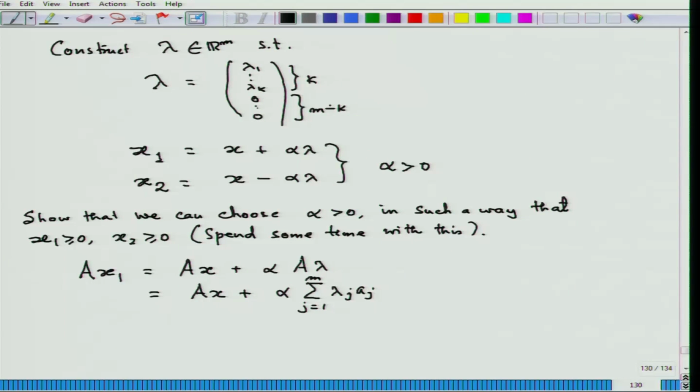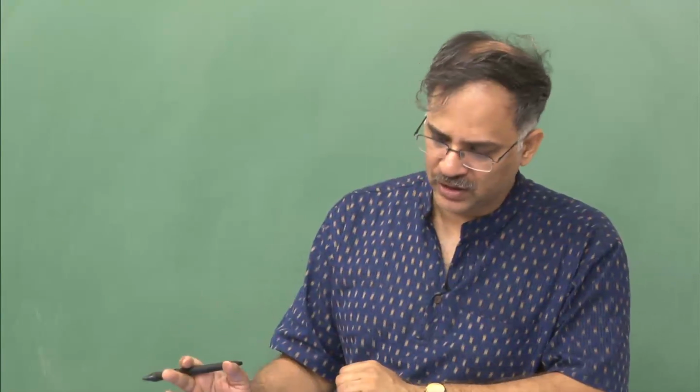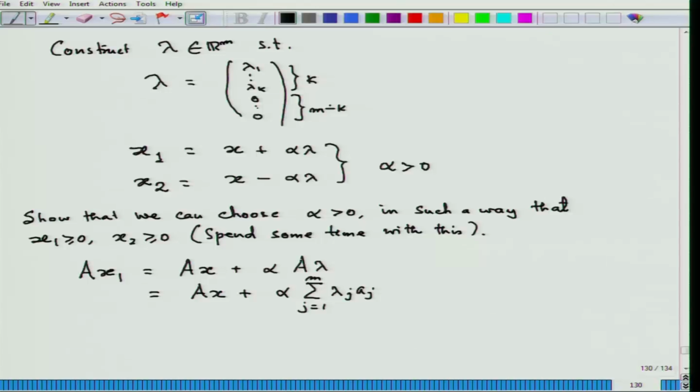If k is smaller than m, then fine, we already have it. If k is bigger than m, you cannot have them be linearly independent, and that is the whole idea of doing so. Now, this is 0 because the other lambdas are 0, so this is nothing but b. Similarly, A x2 is b, which you prove yourself.